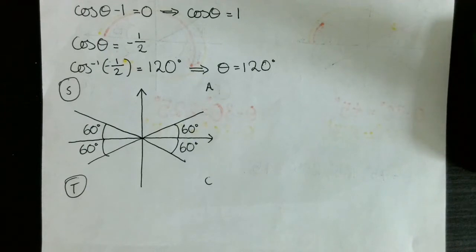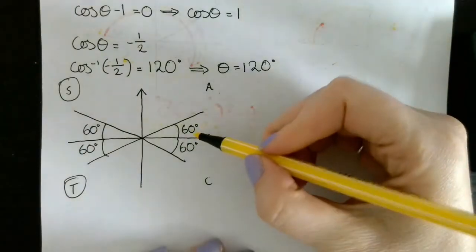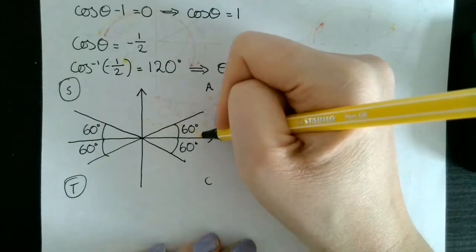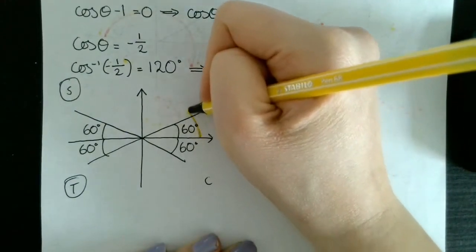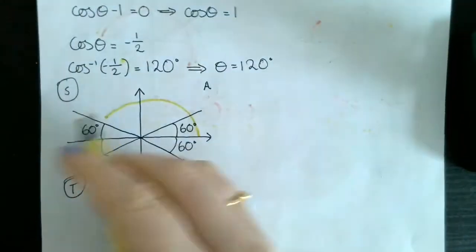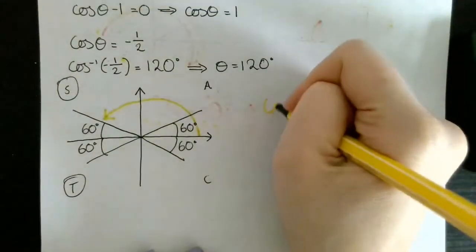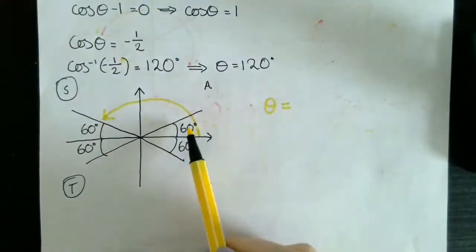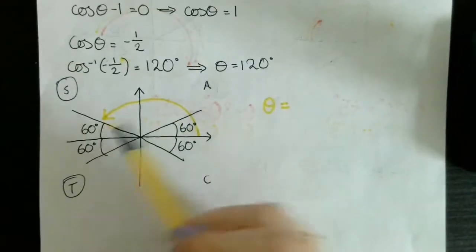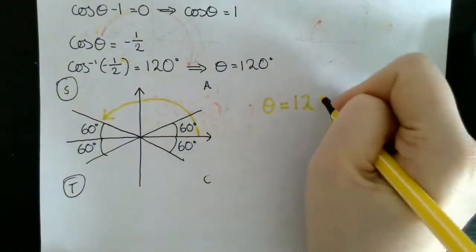So we're going to start off at this point on the CAST diagram, moving round to any circled quadrants, and our first value of theta is 180 subtract 60, 120.